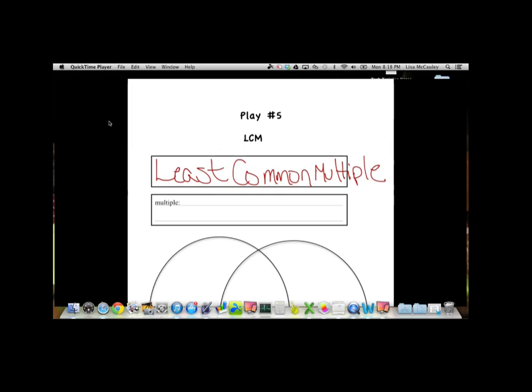A multiple, if you think about the word multiple, it's like multiply, which makes things bigger. So a multiple is a product, which just means the answer to a multiplication problem, a product of a number and another number.